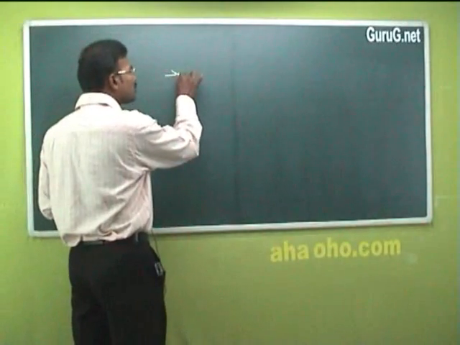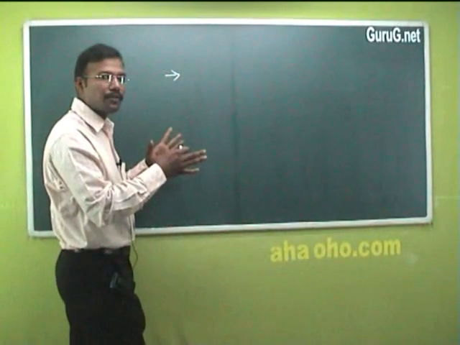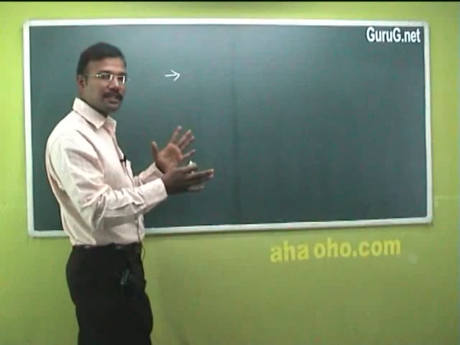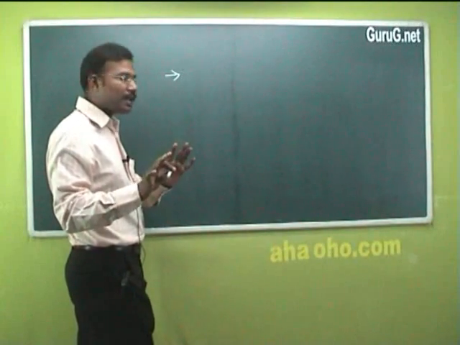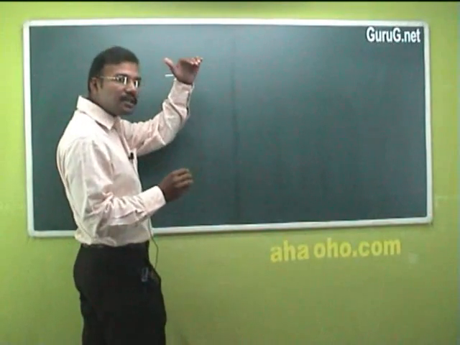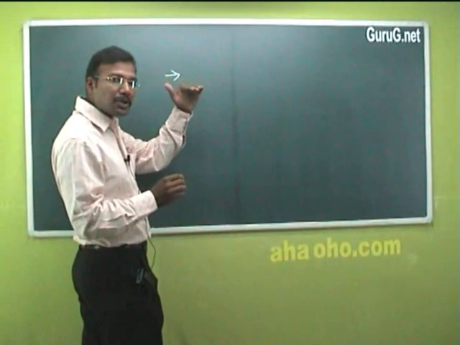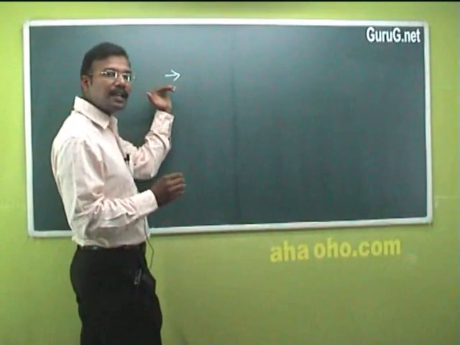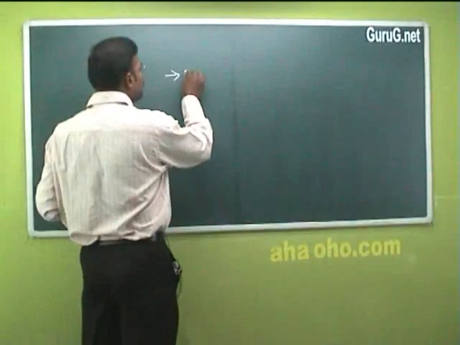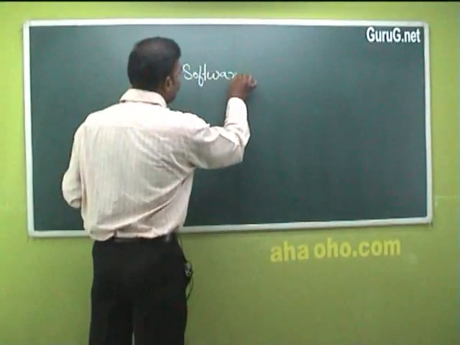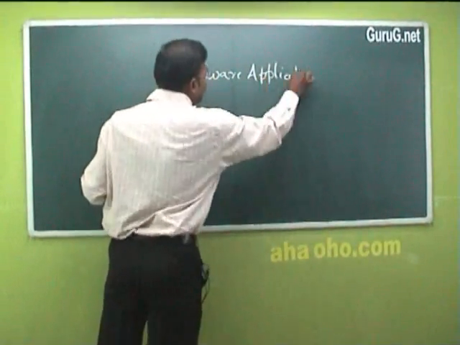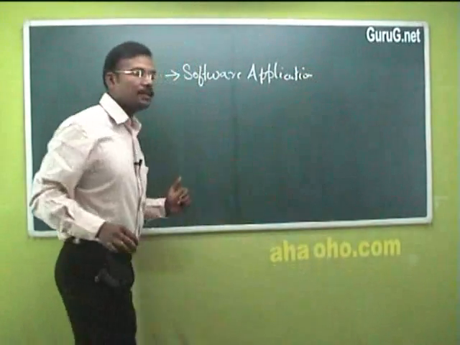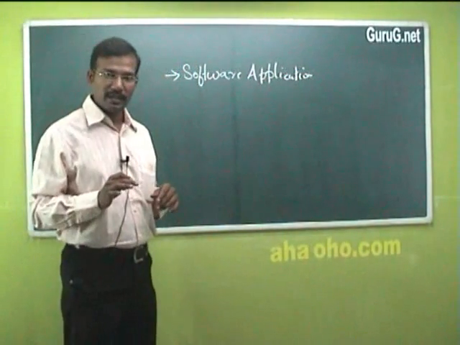We need to see what software is, what the types of software are, and what software applications are. All these things we are going to discuss in detail later, but first we will just see what is included in information technology. First is software applications. The second one is web-based information.